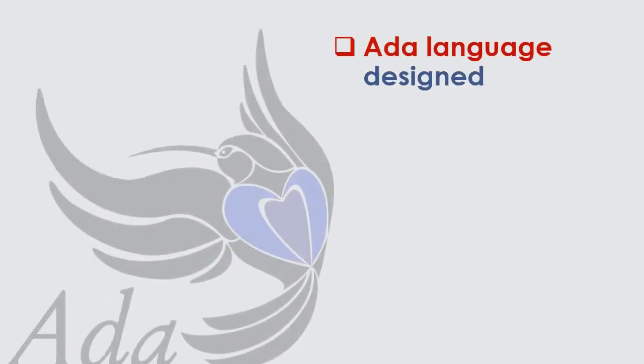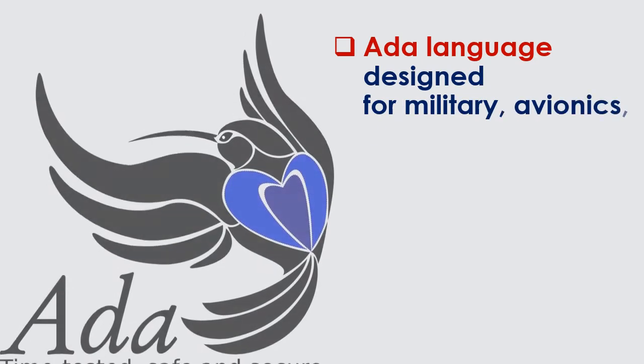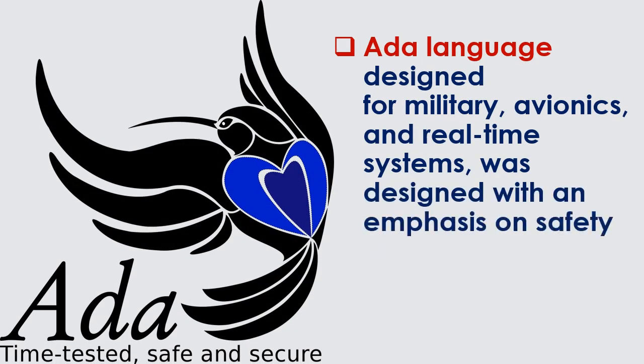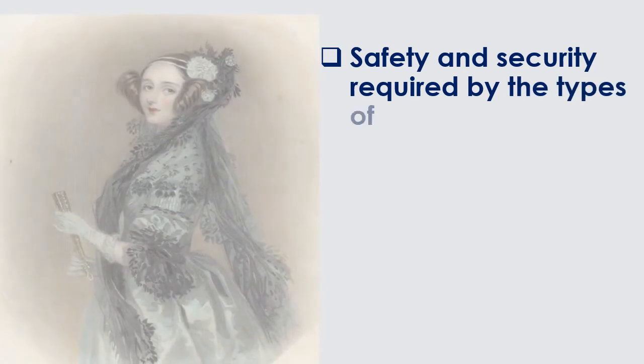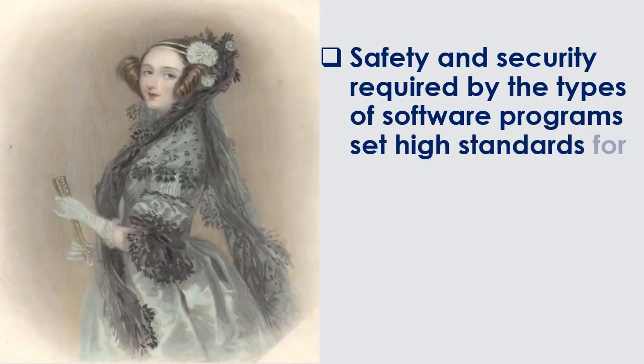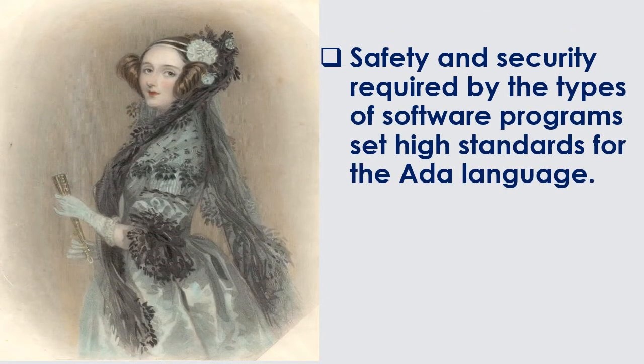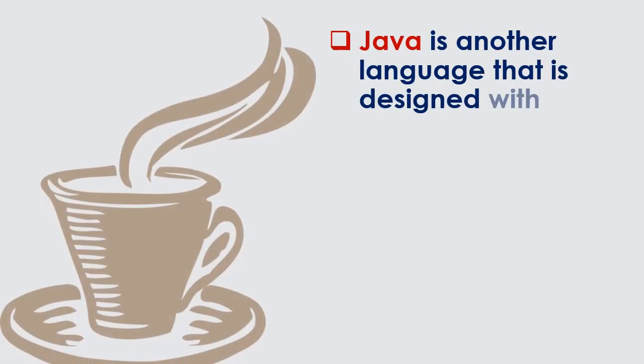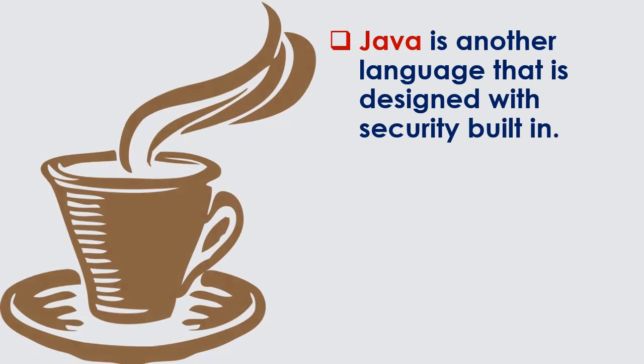Ada, a language designed for military, avionics, and real-time systems, was designed with an emphasis on safety and security. Safety and security required by the types of software programs set high standards for the Ada language. Java is another language that is designed with security built in.